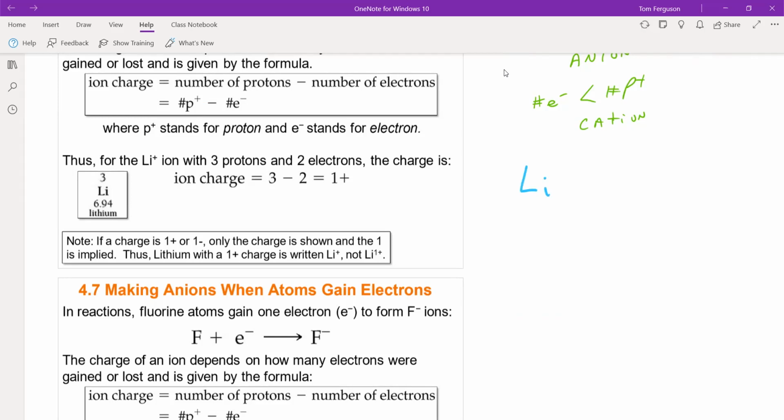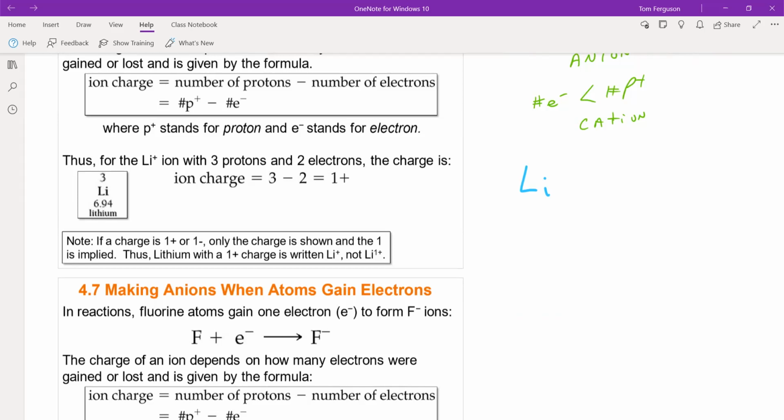Now, looking on the periodic table on the left, you'll find lithium, Li.